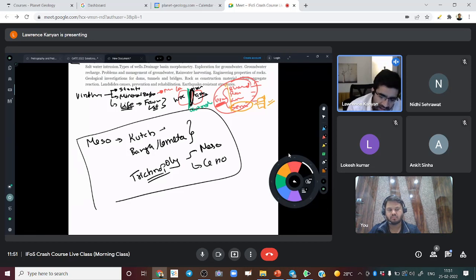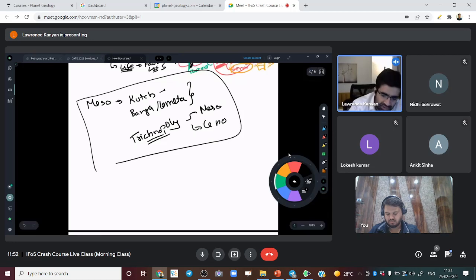Okay, they can ask you about Spiti and Kashmir. It is more likely it will be asked in Paleozoic, so they will not ask Mesozoic, though all the Mesozoic rocks are found over there. And Cenozoic stratigraphy that you study, one is in Shivaliks, another one is in Assam.